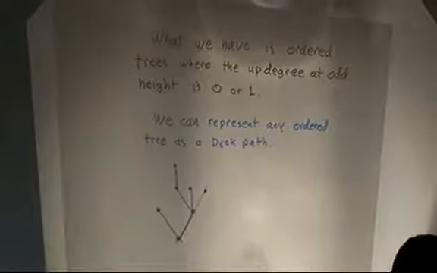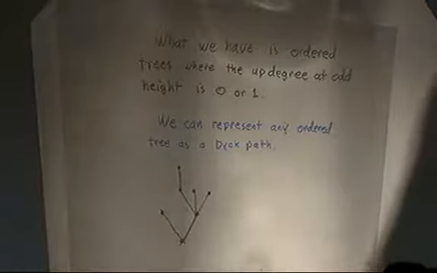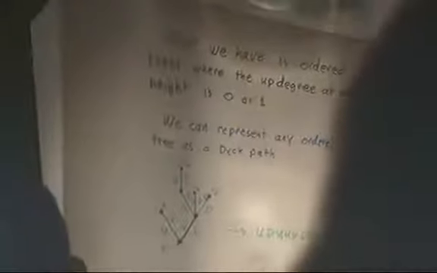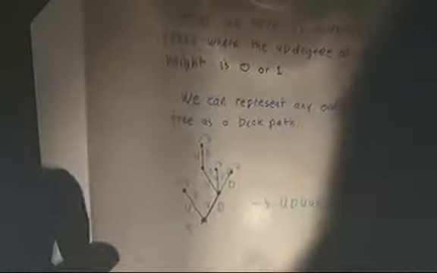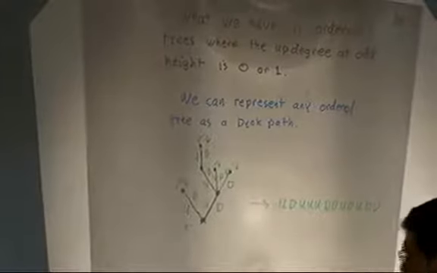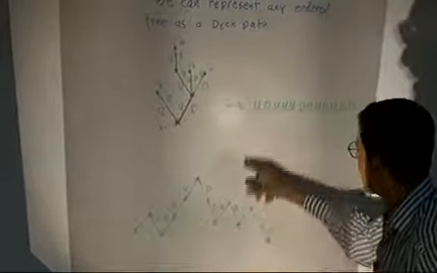So what we have is an ordered tree where the up degree at odd height is either 0 or 1, and we can transform this particular ordered tree into a so-called Dyck path.